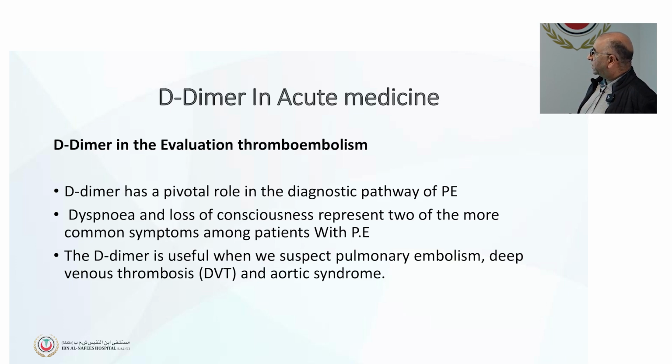When they present with dyspnea or syncope, these are main presentations of patients with PE, and it is useful to suspect pulmonary embolism, DVT, and aortic syndrome. Even in aortic dissection, it is also elevated because it's also endothelial injury.